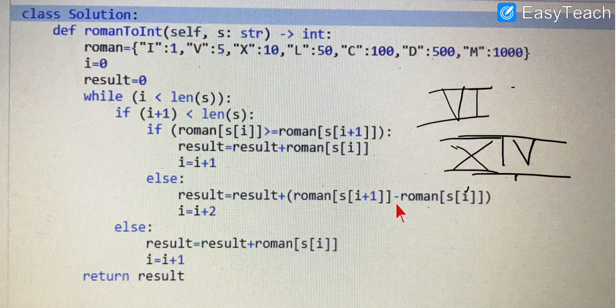So what it does is Roman of s of i plus 1, this 5, minus 1, which is 4. Since we are calculating both of these characters, i is incremented by 2, so that it points to the next character, whatever is there.